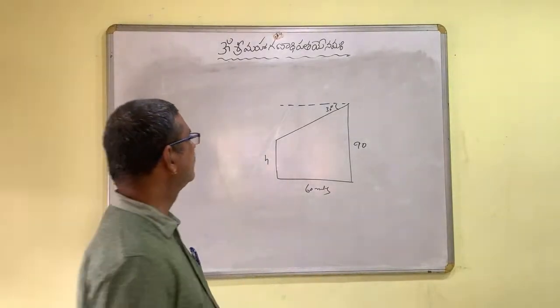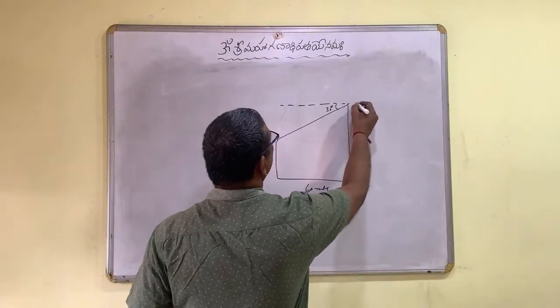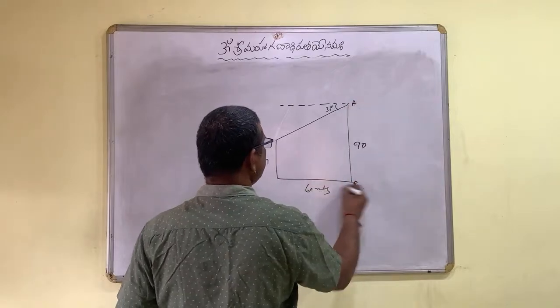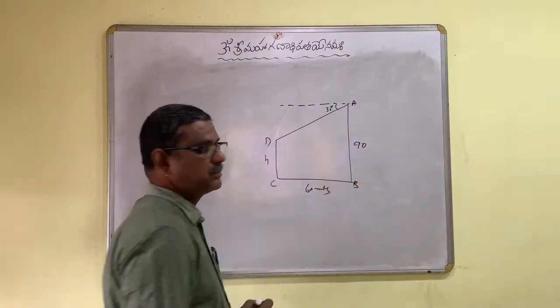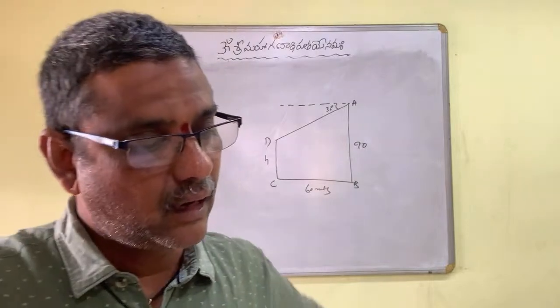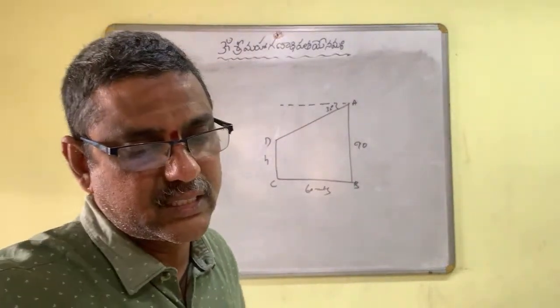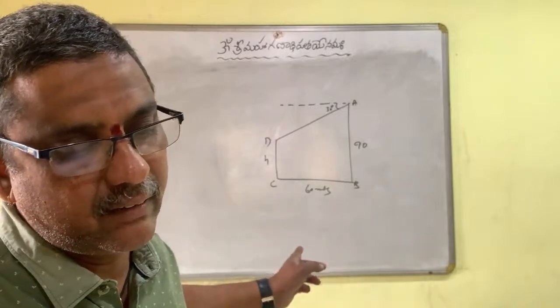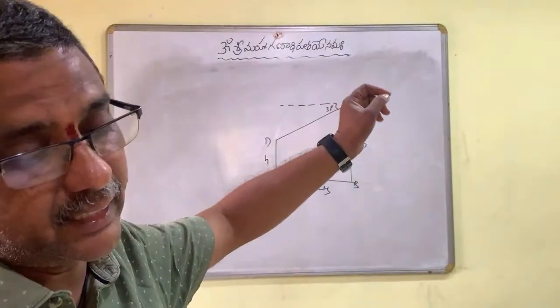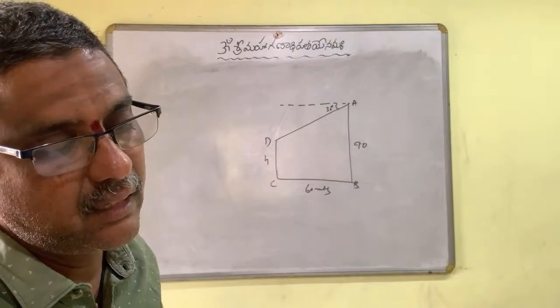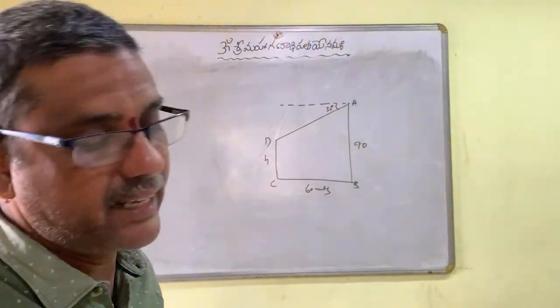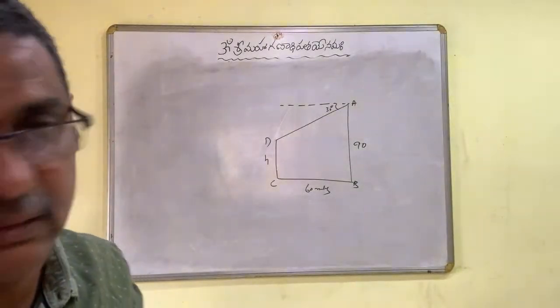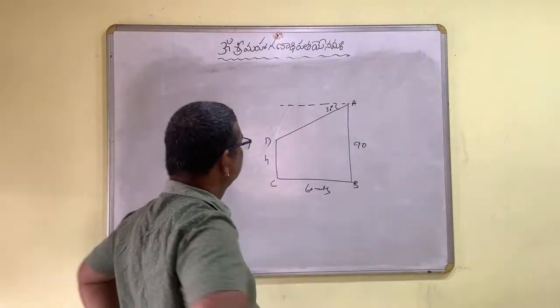Once again, A, B, C, D. The horizontal distance between the two towers is 60. The angle of depression is 30 degrees. If the height of the second tower is 90, find the height of the first tower. Yes, this is right.